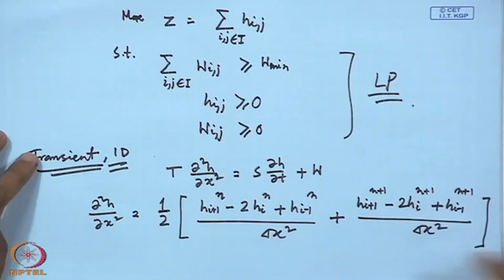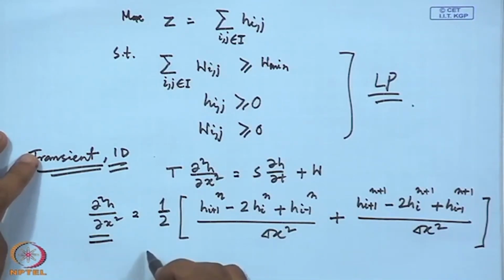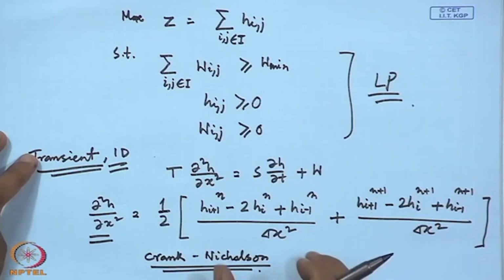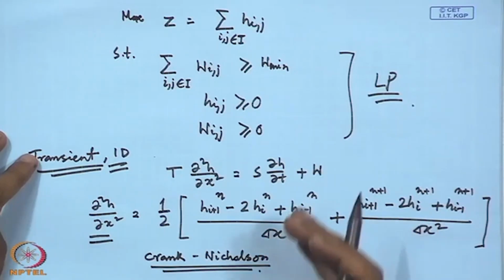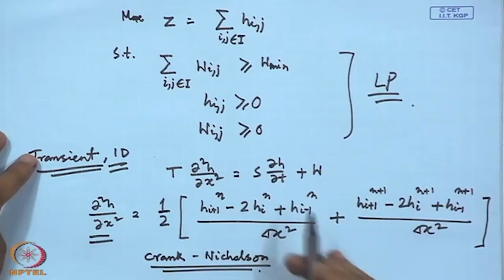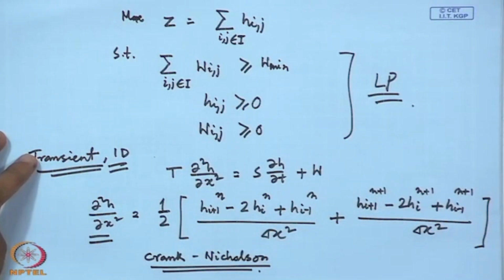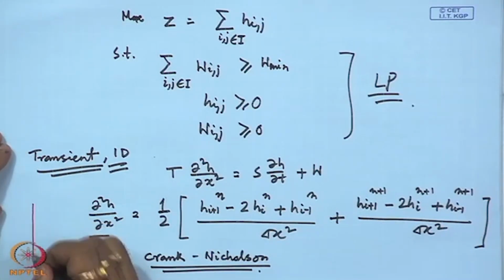So, for the second order derivative, we are using this Crank-Nicolson scheme. In this scheme we can discretize the whole thing like this. Otherwise, we can also discretize this thing using any particular time step. So, the Crank-Nicolson scheme is basically a bounded one.